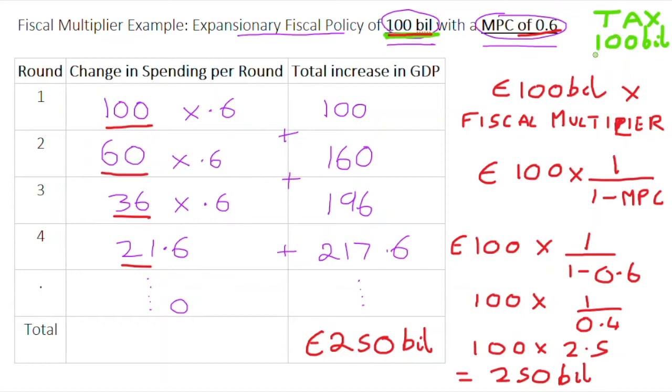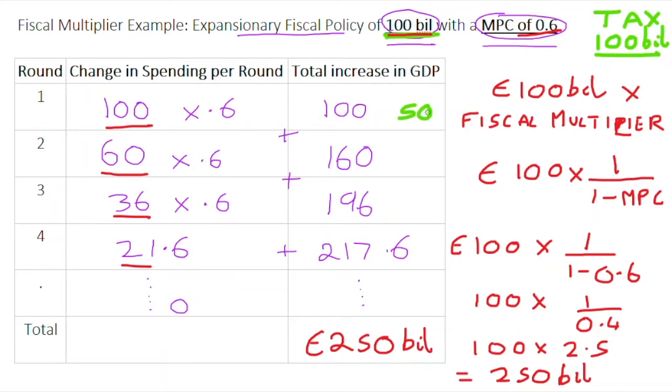However, with a tax reduction, the equivalent of 100 billion, what may happen, especially if people aren't confident about the future, is that they may only spend maybe half of this tax reduction they're given. So the total increase in GDP may be only 50 billion in round one.